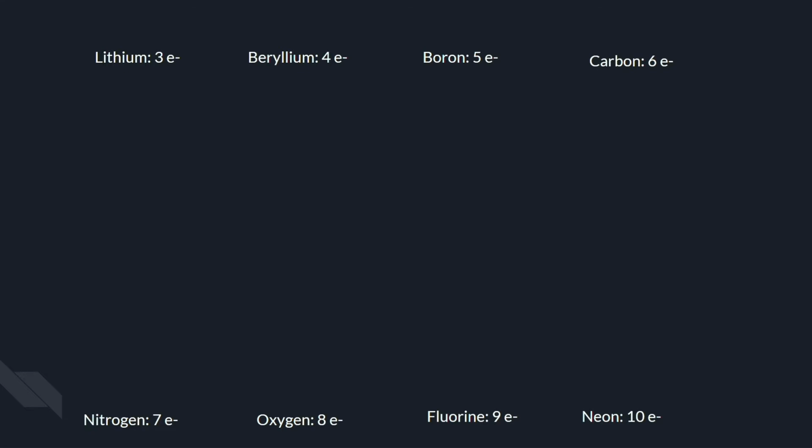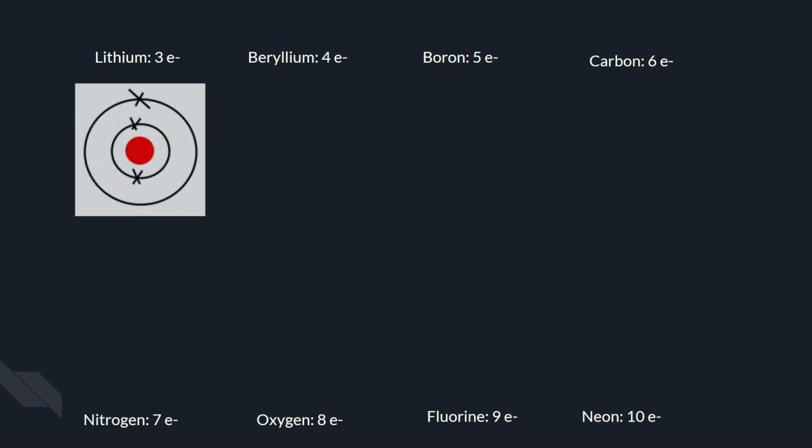While watching this video, I recommend you have a periodic table right next to you so you can know where these elements are. I already told you the electron numbers here, so just give it a go and draw these atoms out. Now I'm going to review how they actually look.